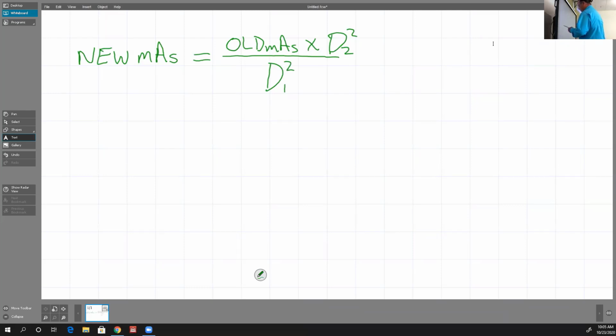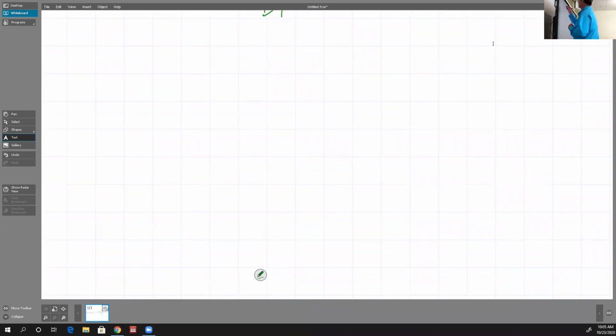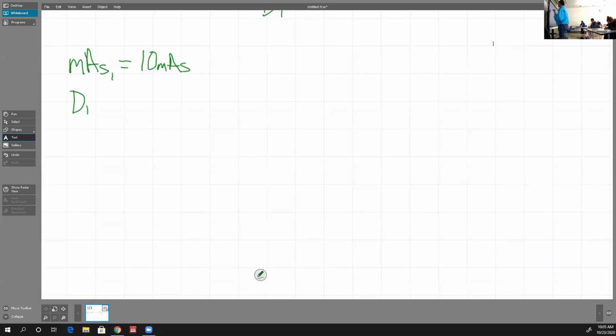So if we take a look at this, if we have mass 1 equals 10 mass, and distance 1 is 40 inches, distance 2 equals 50 inches.